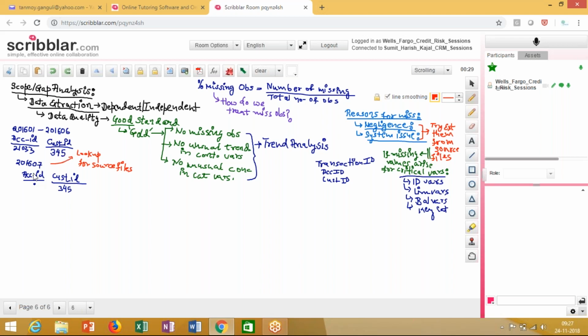In the source file, if you find any account ID changes have happened, right, then you need to check whether any top up or any product upgrade was done or not, and if that was done, then from there you need to accordingly identify the account ID. So this is one case as to when the observations can go missing. Clear? Great.